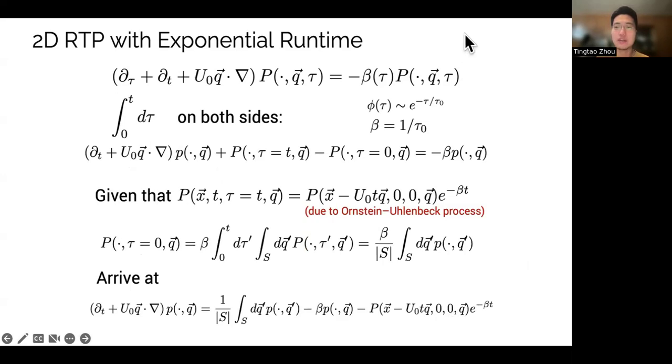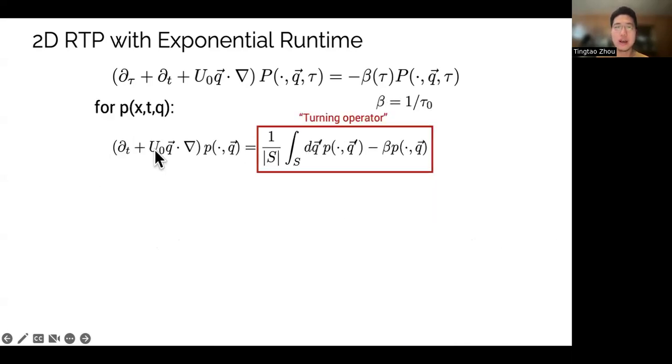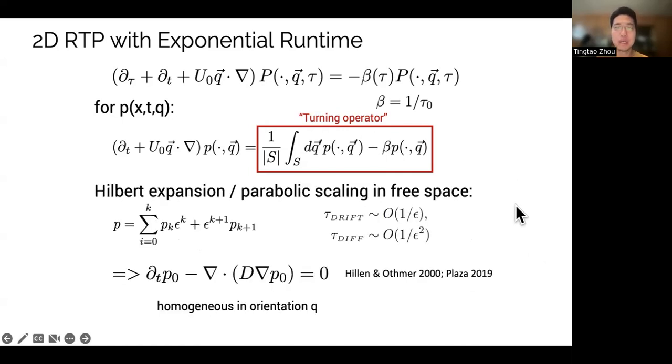Then at the end, we're going to arrive at such an equation, and because of the exponential correlation time, this extra term is going to vanish, and we get an intermediate equation with a right-hand side related to the turning. We're going to call it the turning operator.